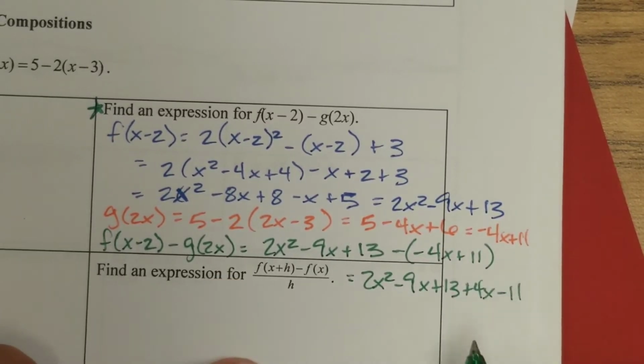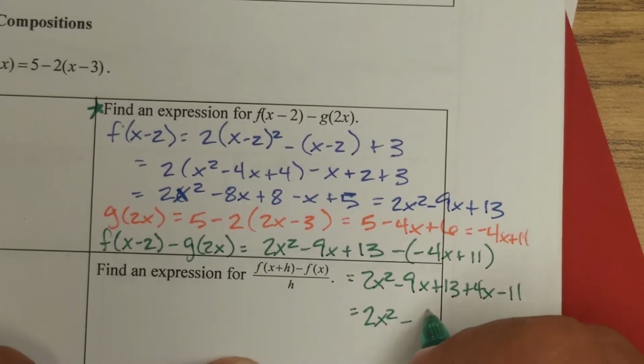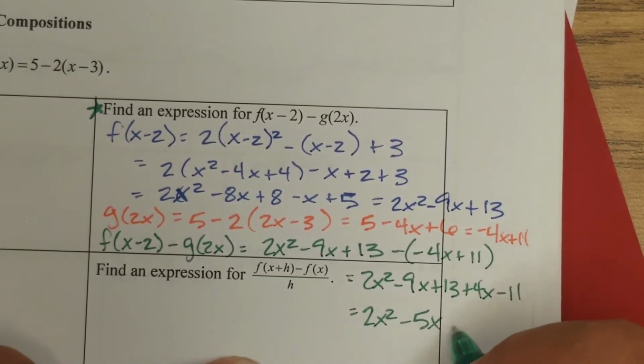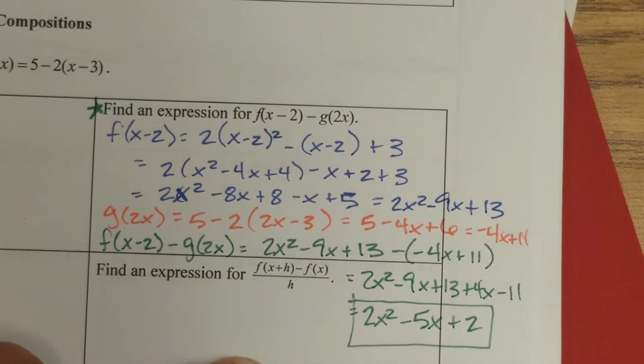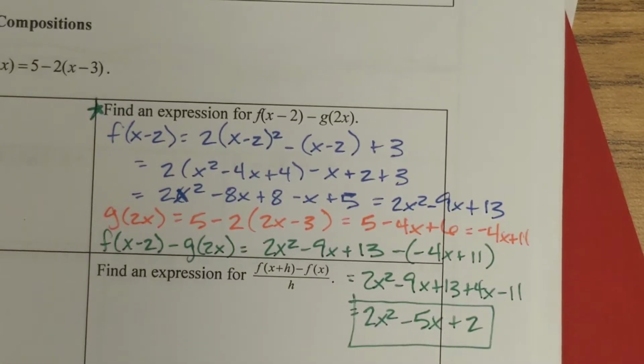And then combine like terms. You're almost there. 2x squared, negative 9x plus 4x, 13 minus 11. And there you go. That's a good problem. I wanted to show you that one.